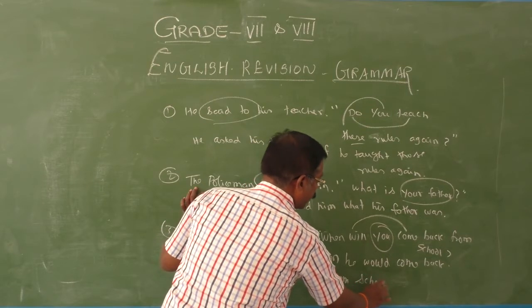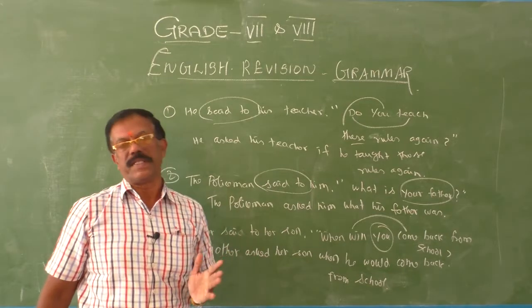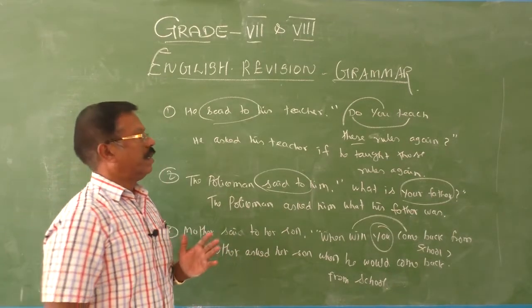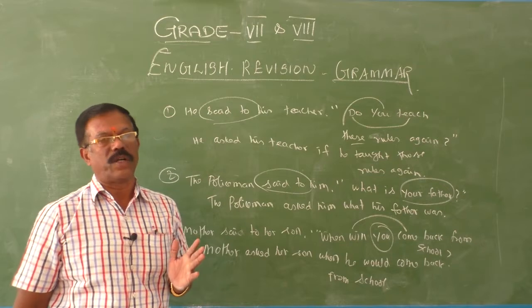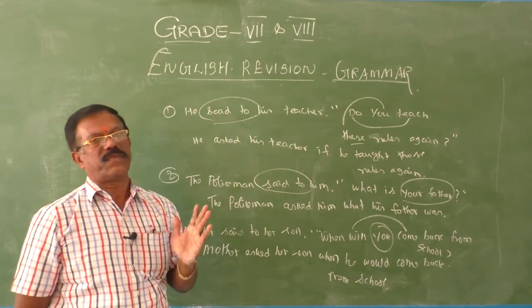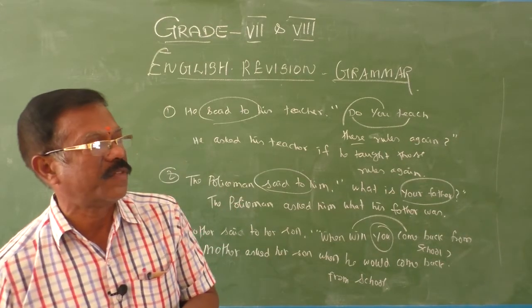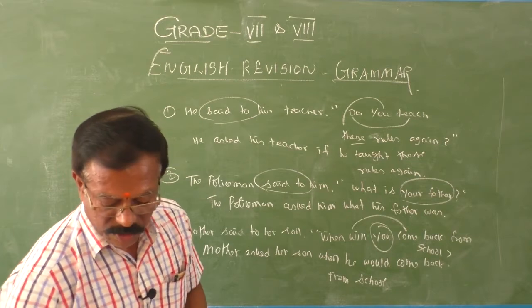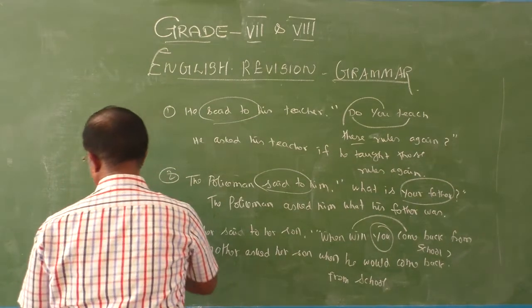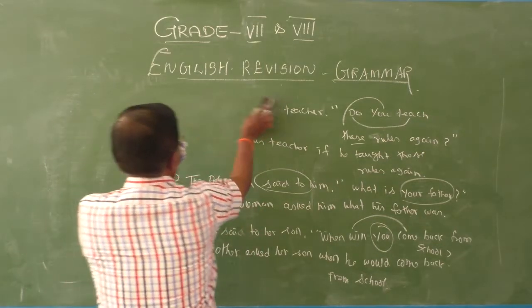That's okay. So these principles, these rules of transformation should be followed when you are going to transform the given interrogative sentence from direct into indirect speech. Okay. I will give you one or two examples for imperative sentences also. That's also very important. Imperative sentences, how imperative sentences should be changed into indirect speech.